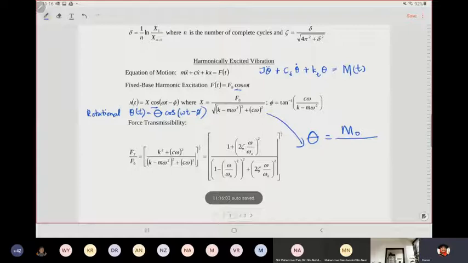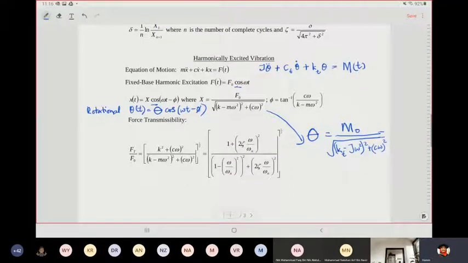Then divided by KT, and your M becomes J. Then you have omega squared, everything squared, plus C omega squared. Please take note and make a note that everything in these equations will change if you look at the rotational system.